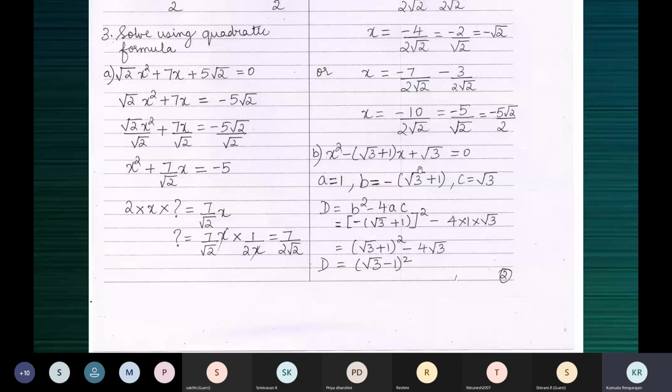So we don't multiply the minus sign inside, because anyway you're going to square it and minus into minus will become plus. So why simply multiply inside? And also we don't expand this. We have to identify that this is of the form a plus b the whole square minus 4ab, which is a minus b the whole square.